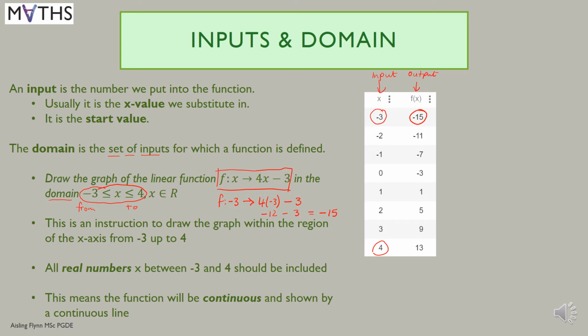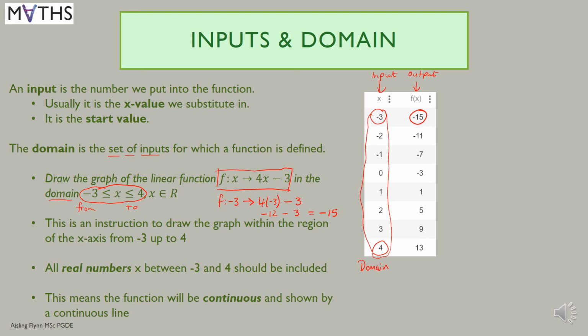All these input numbers are known as our domain. In actual fact all the numbers between, so a half and 1.1 and all of those, could be included, but that would be too many calculations for the graph, or for us.